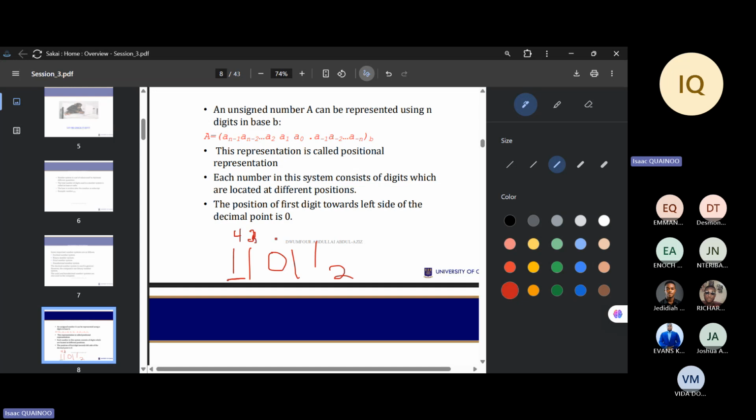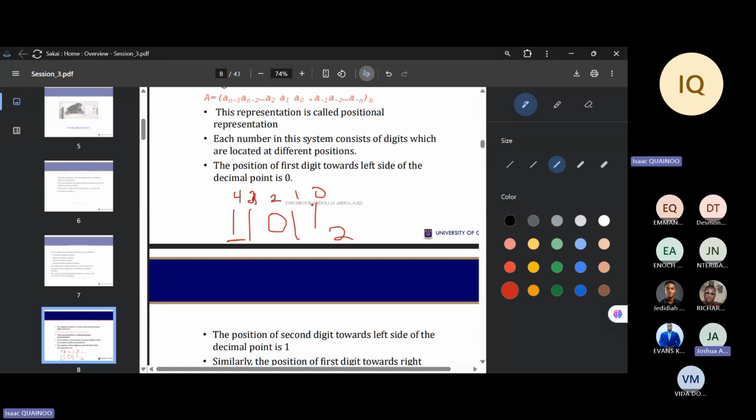And the position of the next number becomes 3 minus 1, which is 2. The position of the next number basically follows that format. And here becomes 1, here becomes 0. So the position of the first digit is what we always use as our reference point when determining the position of the other digits.